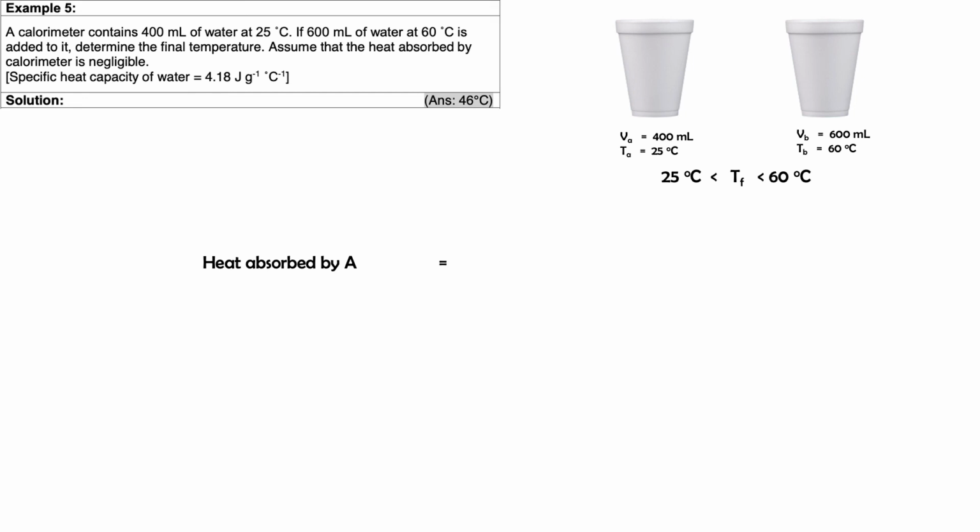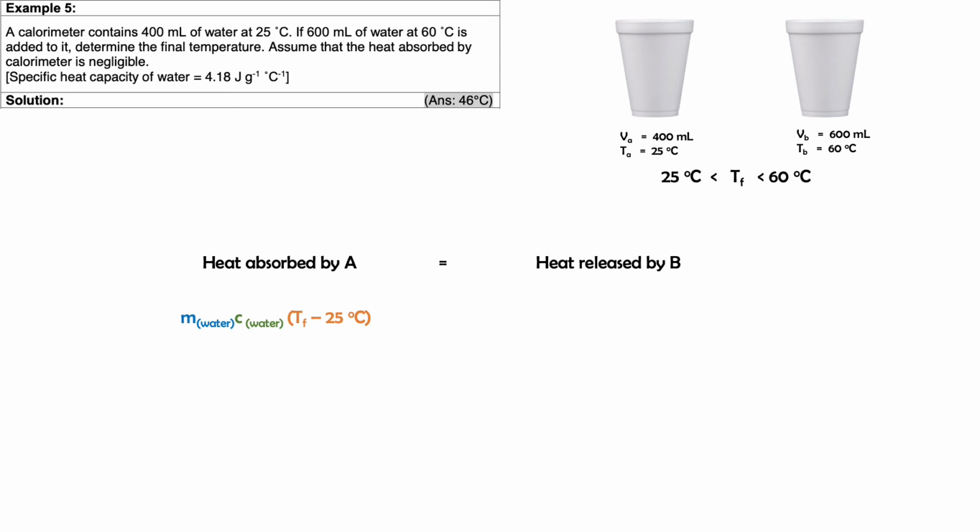Water A will absorb heat from water B, so B will release some heat to A. Once B is mixed with A, the 60 degrees Celsius will decrease.